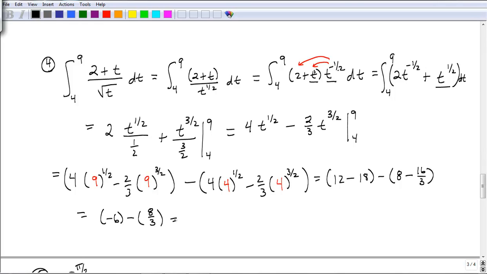And negative 6 minus 8/3 is negative 8.6, which is the same thing as negative 26/3. So in either case, we've figured out the area under the curve, and since it's negative, it means that most of this area is below the x-axis.